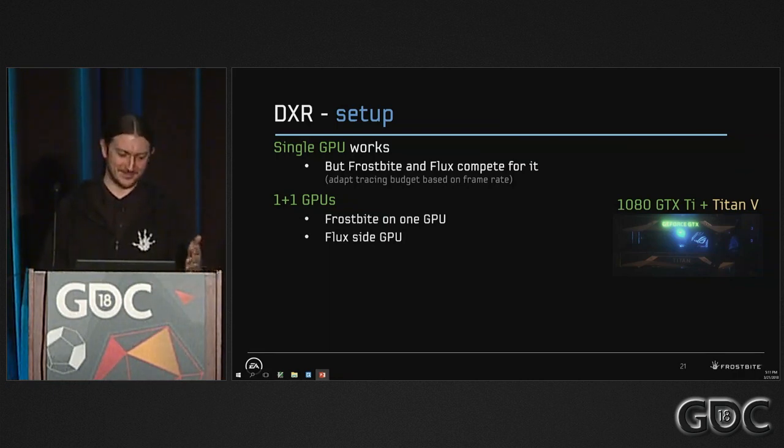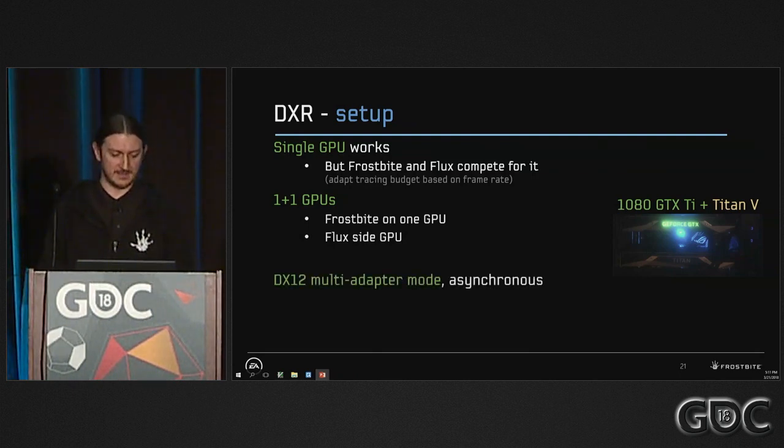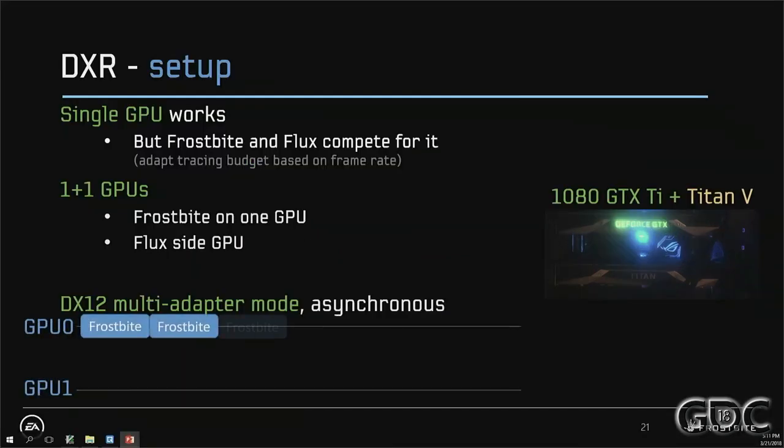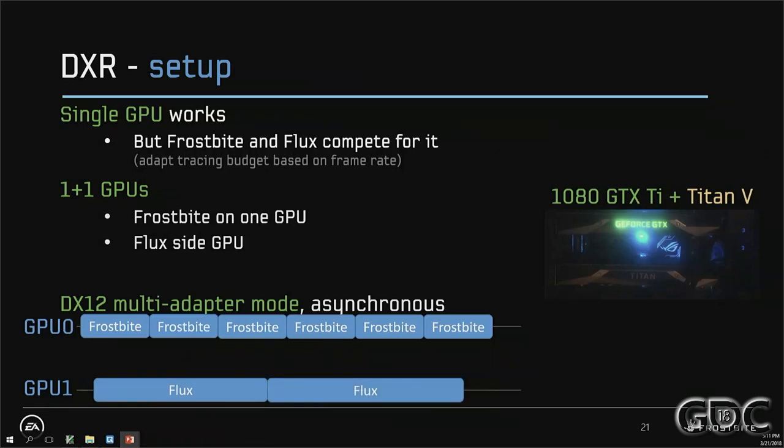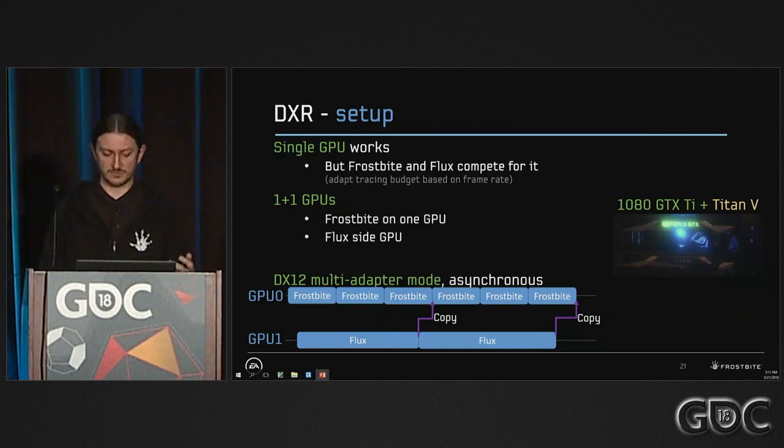One with Frostbite running on one GPU and Flux running on the side GPU. That's like a perfect use case. And we run in asynchronous mode, so the two different processes can run as fast as they can. For example, Frostbite, as I said, on the first GPU, and Flux on the second. And we just copy over the data once it's available, asynchronously.